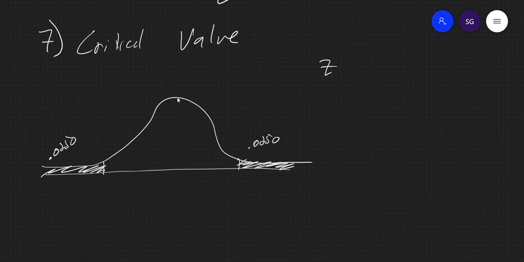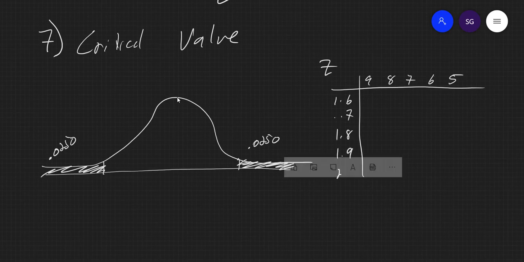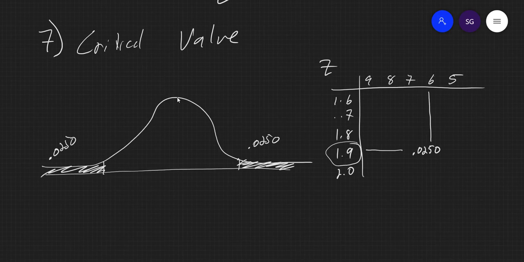If I were to go to a z-table, remember our z-tables? There was 1.6, 1.7, 1.8, 1.9, 2.0, and so on, and all these tiny little numbers and decimals. It was super confusing. Well, if I were to find 0.0250, you'd find it where 1.9 and 6 meet.